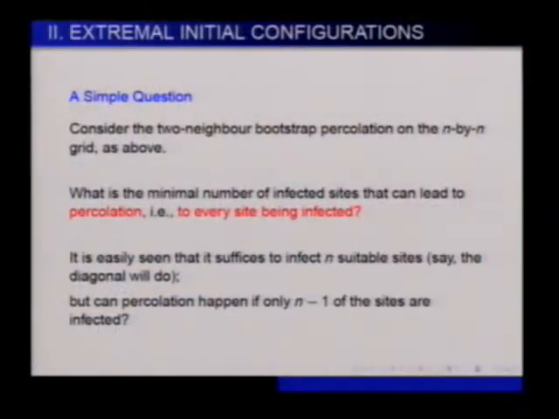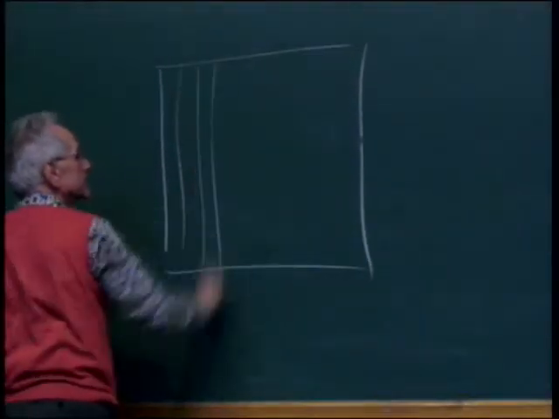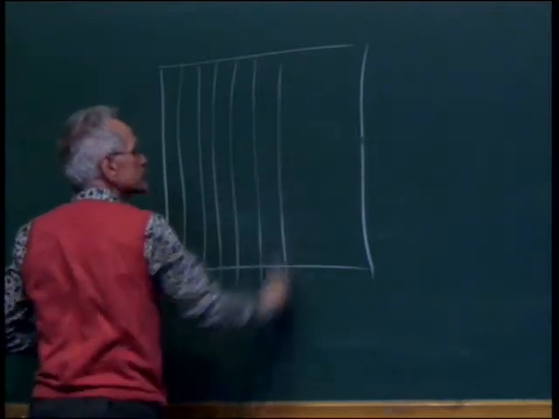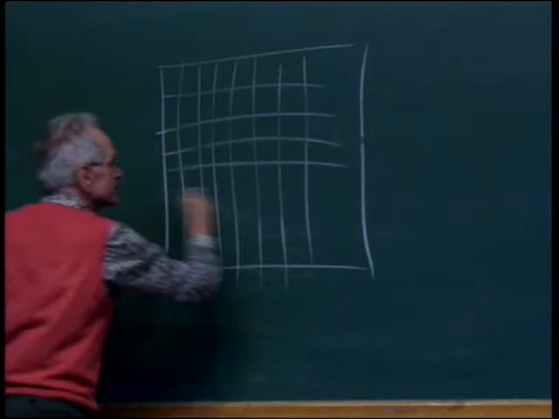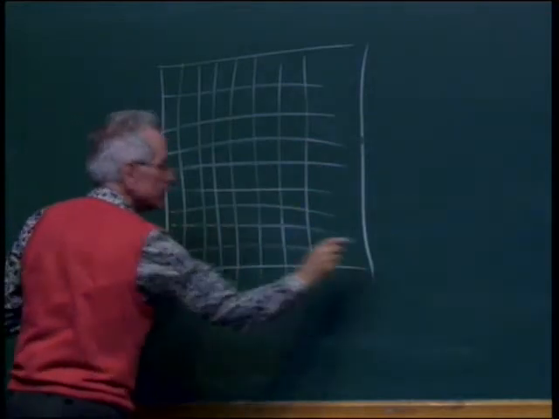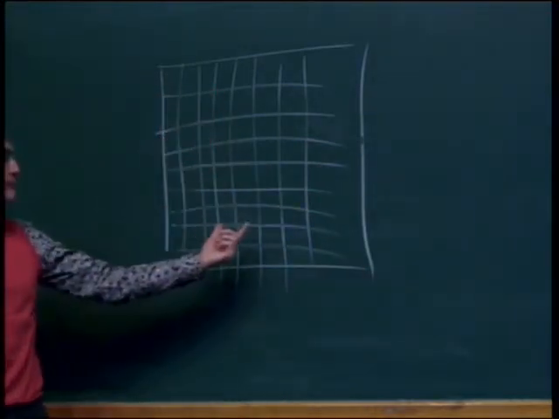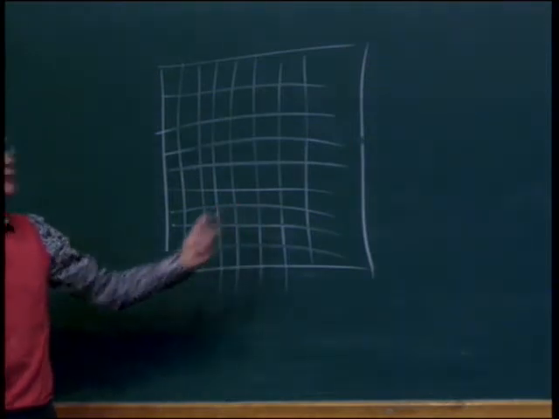Actually, what is an obstruction? What obvious obstruction do you see of two-neighbor percolation on the square grid? Of course, I think the most obvious obstruction is the existence of two neighboring empty columns or rows.